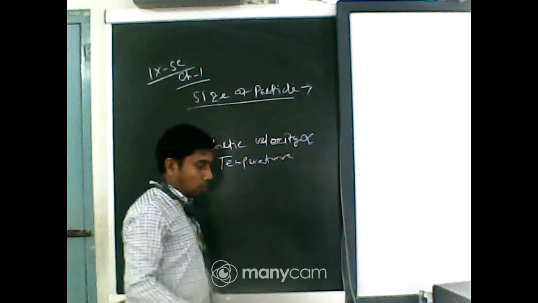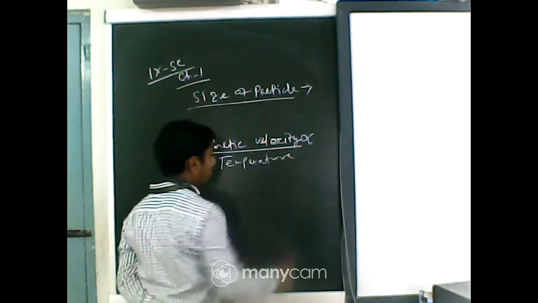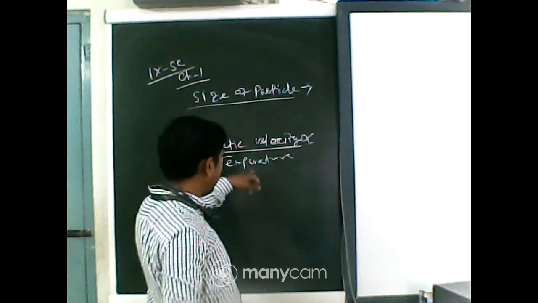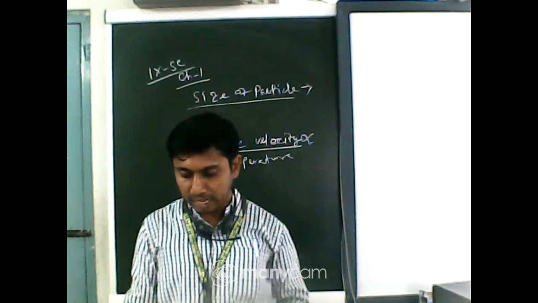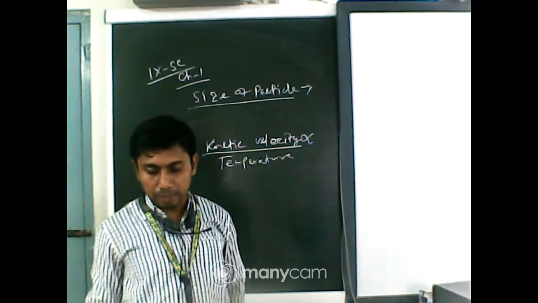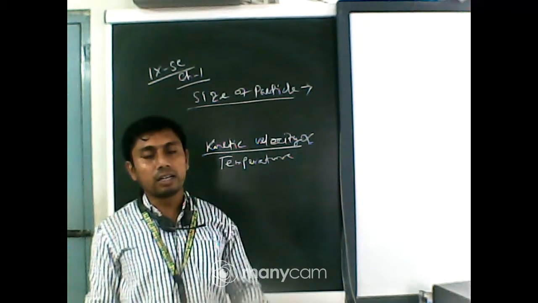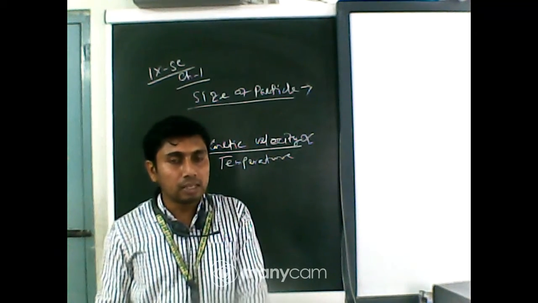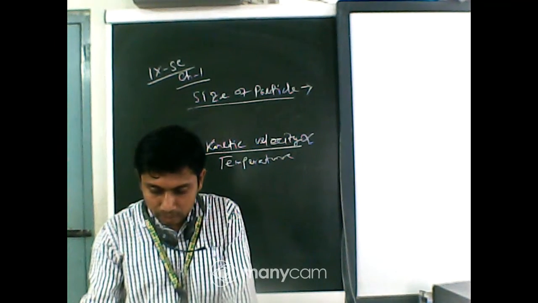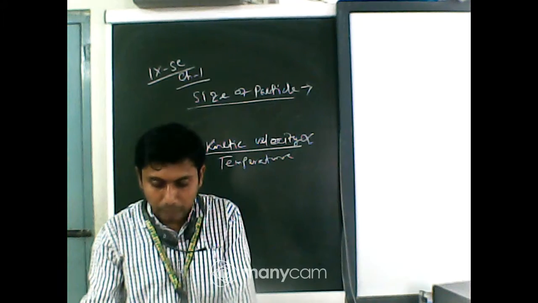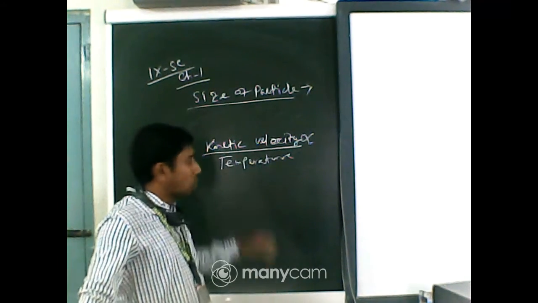When we increase the temperature, the individual particles' velocity will increase, so the kinetic energy also will increase. So the second point is that when we increase the temperature, the particles move faster. It is due to the increase in movement and kinetic velocity. We can say that with increasing temperature, the kinetic energy of the particles also increases. You can also note that kinetic energy is proportional to temperature.